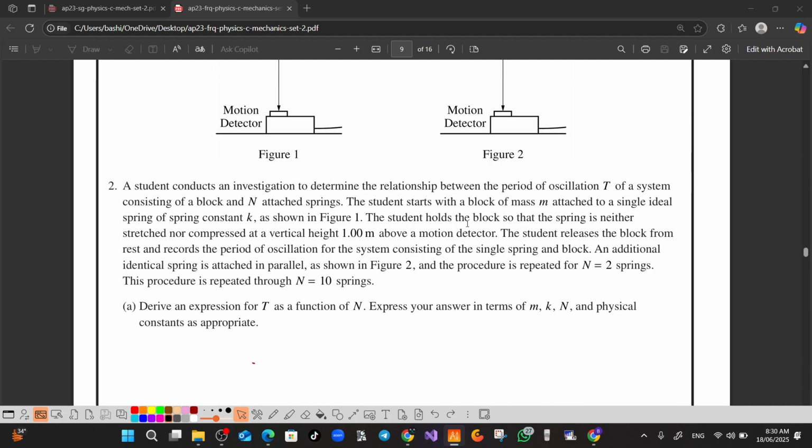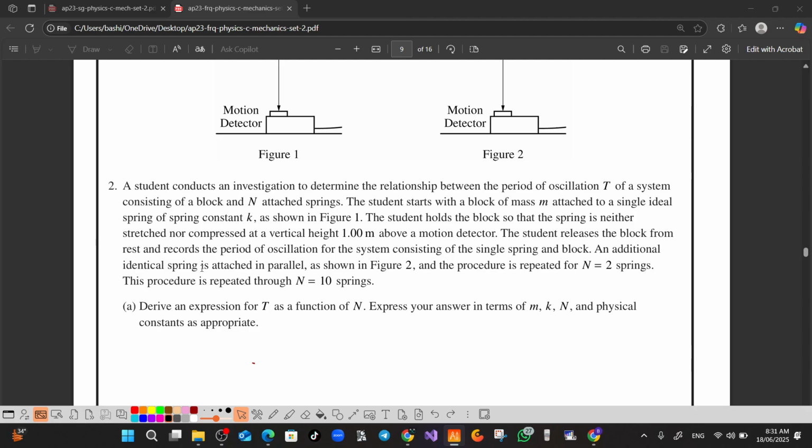The student holds the block so that the spring is neither stretched nor compressed. At a vertical height of 1 meter above a motion detector, the student releases the block from rest and records the period of oscillation for a system consisting of a single spring and block.